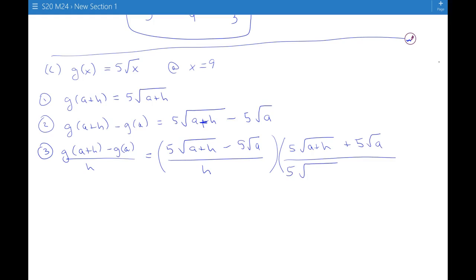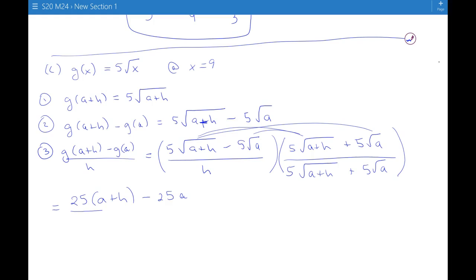So we call it rationalizing the numerator. Okay, so we have 5 times 5 is 25. Square root of a plus h times the square root of a plus h is a plus h. Then the whole point of multiplying by the conjugate is that the inners and outers cancel. And then you're going to have minus 25, and the square root of a times the square root of a is a. Then you're going to have a big old denominator of h times, in parentheses, 5 square root of a plus h plus 5 square root of a.